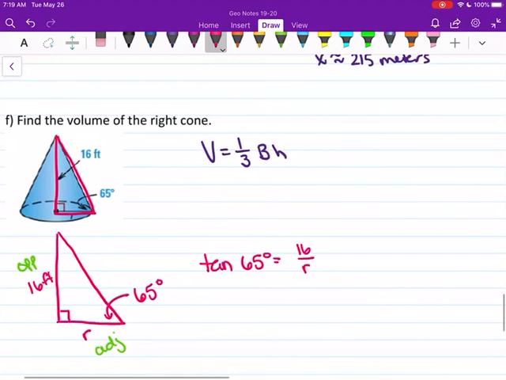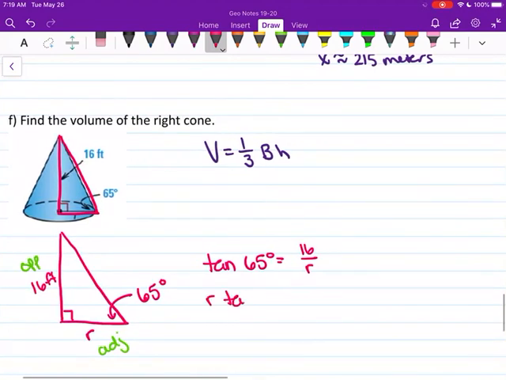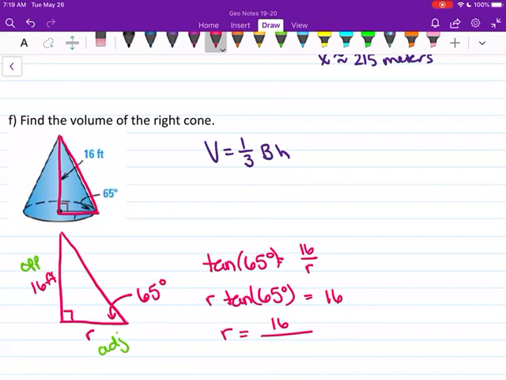So if I solve for r, I'm going to multiply both sides by r to get rid of my fraction. So then I get r times the tangent of 65 equals 16. Then I'm going to divide both sides by the tangent of 65. So I get that the radius equals 16 divided by the tangent of 65 degrees.